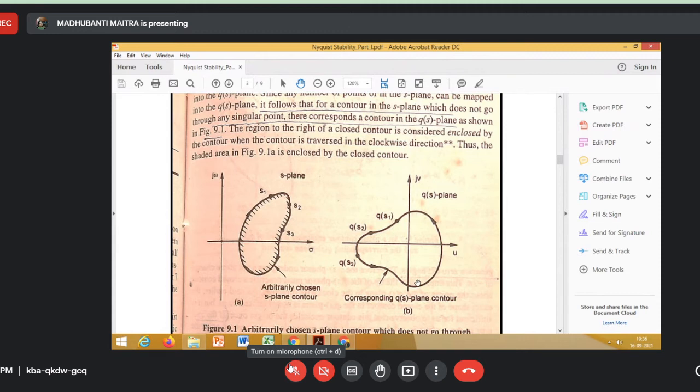So this is our S plane contour, and this is our QS plane contour. Often the QS plane contours are denoted by a symbol tau. So the QS plane contour will be denoted as tau Q.